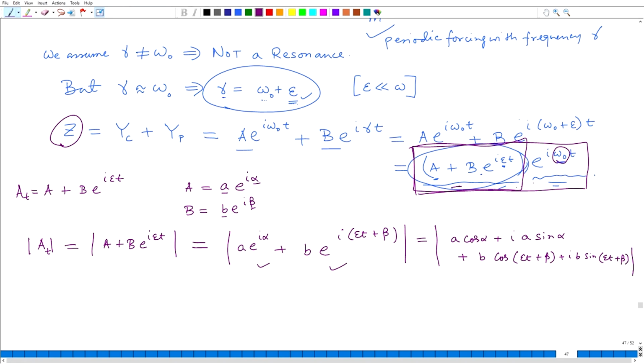Okay. So, finally, you will have something very interesting, that is, what will then be the modulus of this. If you do the modulus calculation properly, that will be simply, from these two terms you will have A square, from these two terms you will have B square, and then for the cross terms you will have 2AB cos epsilon t plus beta minus alpha.